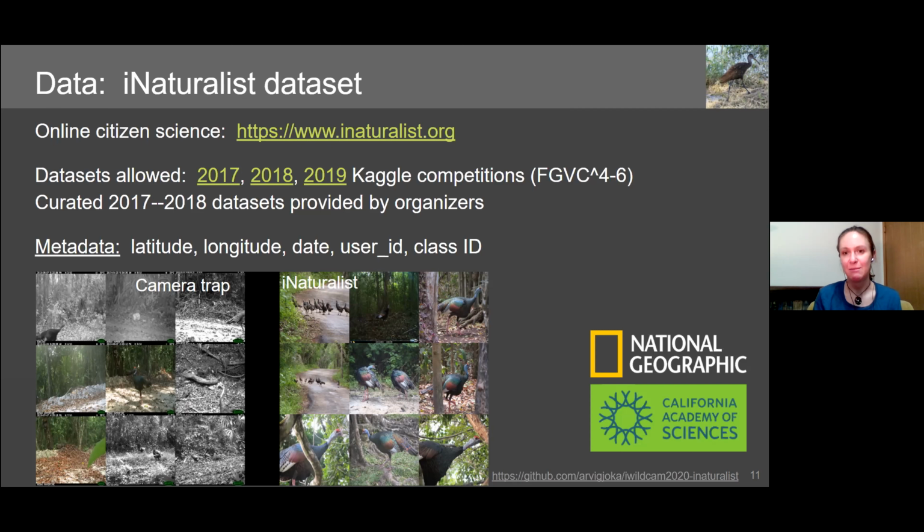And they gave them the same class IDs that were seen in the camera trap data. The 2019 iNaturalist set didn't actually have any species overlap, but they still provided it just in case it was useful. And each of the iNaturalist images came along with a location, a latitude and longitude, a date it was taken, the user that took the image, and the class ID which matched the camera trap class ID.